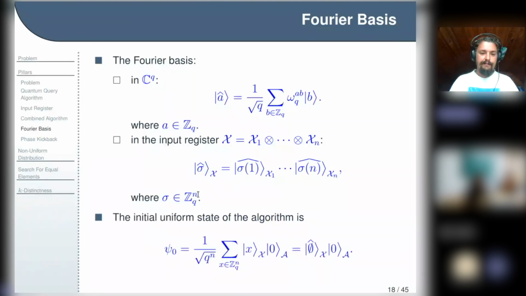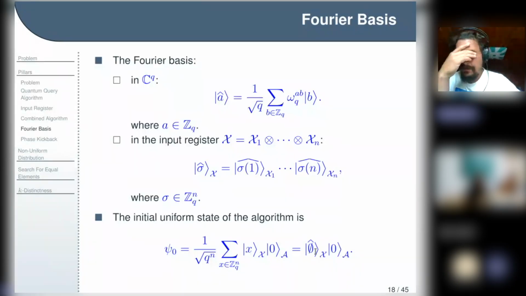I can write the initial uniform state of the algorithm in a more concise way. This funny notation, empty set hat, stands for the identically zero function, a function which is zero on all elements.